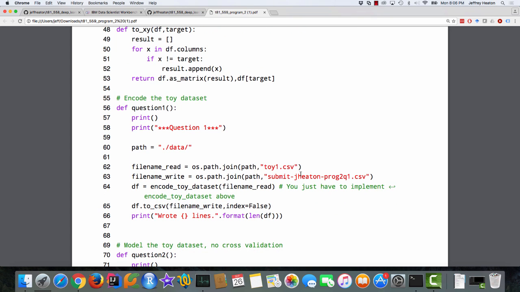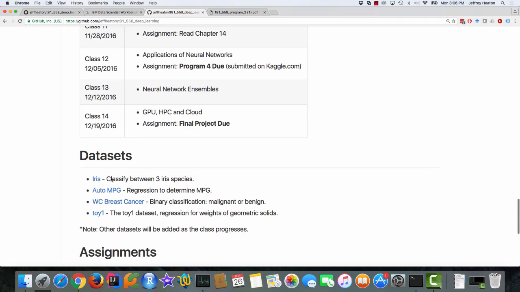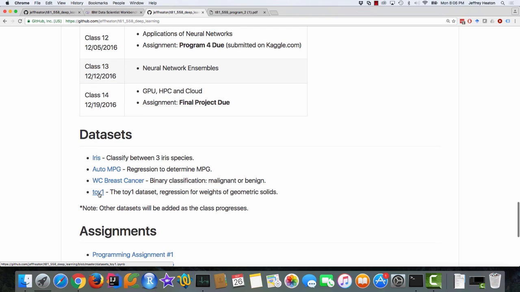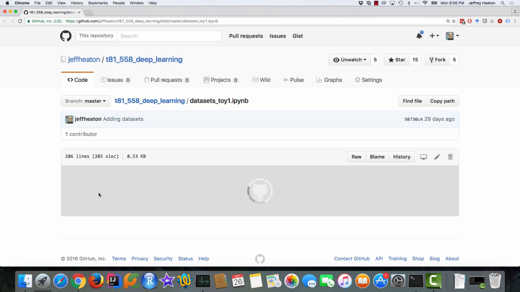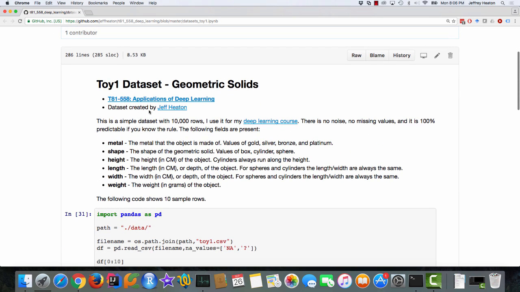There is a data set that I use for this one, which I created. It's a toy data set, but it does have data that are useful for this one. You can get it from the website, under the data sets, the toy 1 data set. Basically it's a sample data set with 10,000 rows.